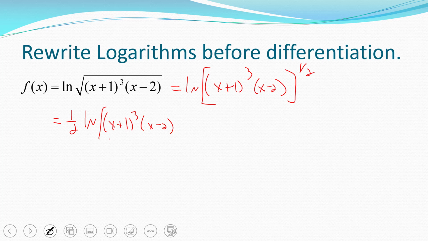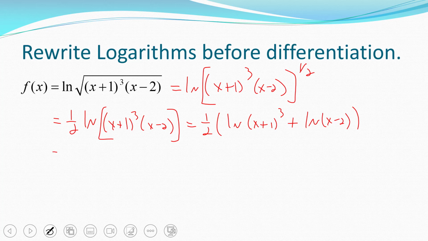And again, it may not be clear what the logarithm is applied to, so I'll put that in parentheses also. But then that is 1/2. The natural logarithm is now applied to a product. So that becomes a sum, the natural log of x plus 1 cubed plus the natural log of x minus 2.